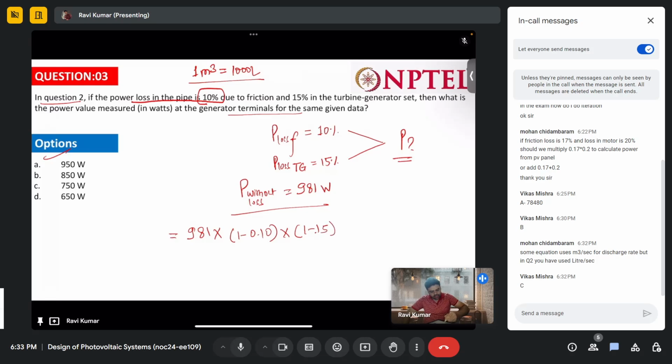So how much is it coming? 0.9 into 0.85 into 981. 750. Yes, Vikas is right. It is 750 watt. 750 watt is the correct answer.